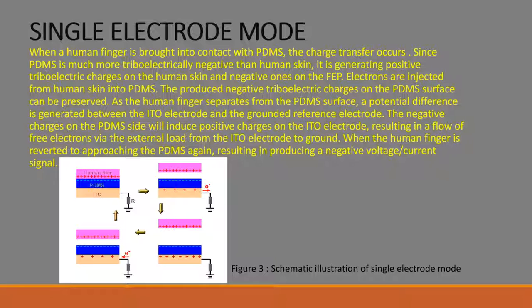The produced negative triboelectric charges on the PDMS surface are generated between the ITO electrode and the grounded reference electrode. The negative charges on the PDMS side will induce positive charges on the ITO electrode, resulting in flow of free electrons via the external load from the ITO electrode to the ground when the human finger is reverted to approaching the PDMS again, resulting in producing a negative voltage current signal.